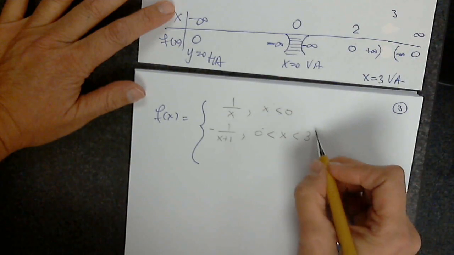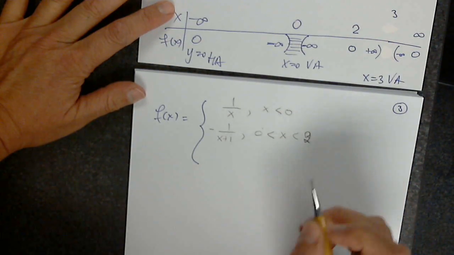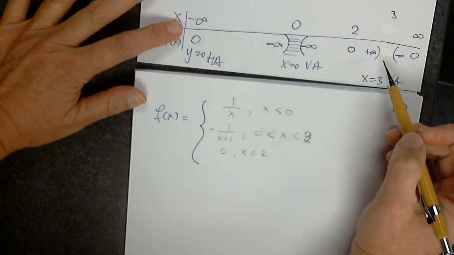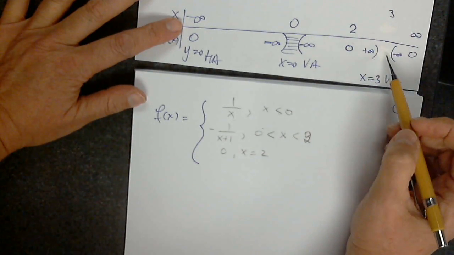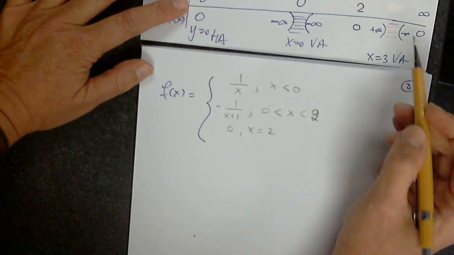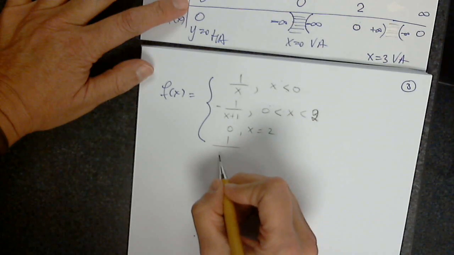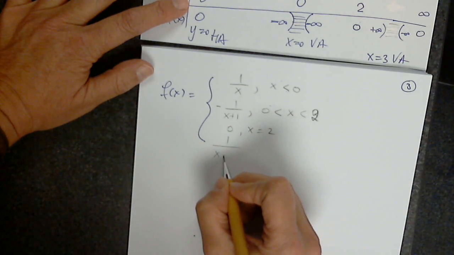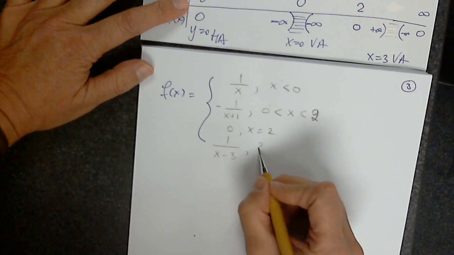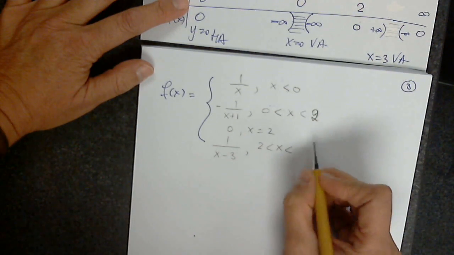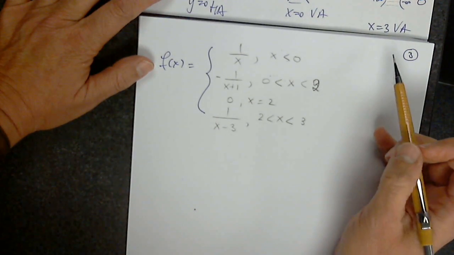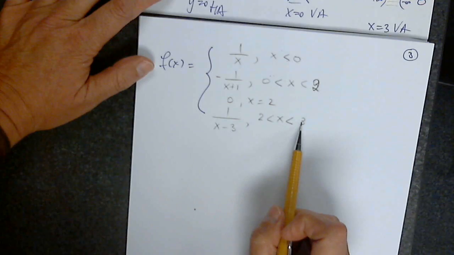So between, I'm going to put 2 here. Then I'm going to say it's 0 when x is 2. Okay, now x equals 3 is a vertical asymptote. So I have 1 over x minus 3 for 2 to 3, and infinity to the left of 3.